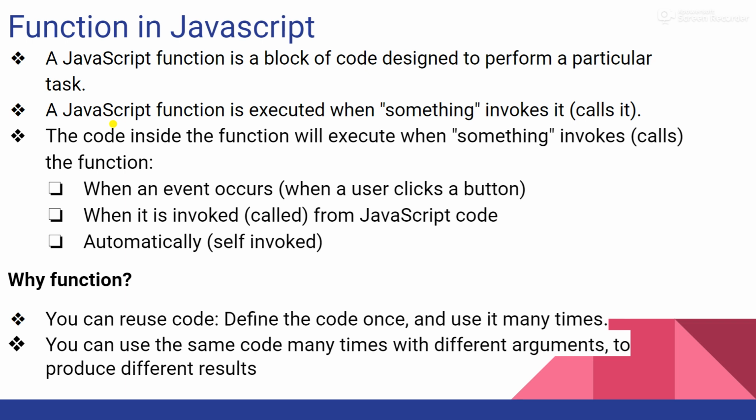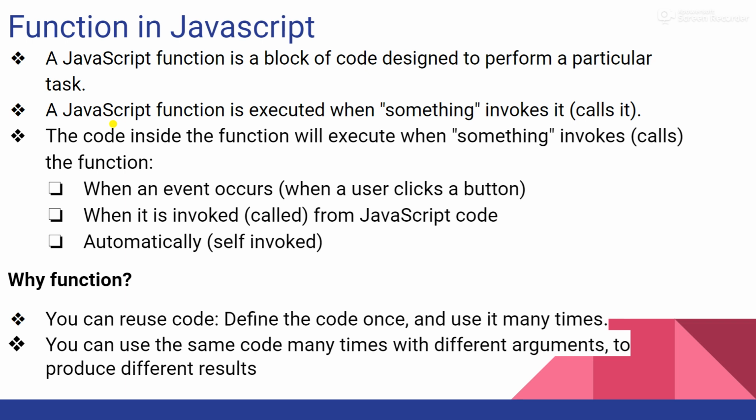It means the function will start performing its work when somebody or some activity calls that function. So how will this function be executed? There can be different things which will make this function execute.